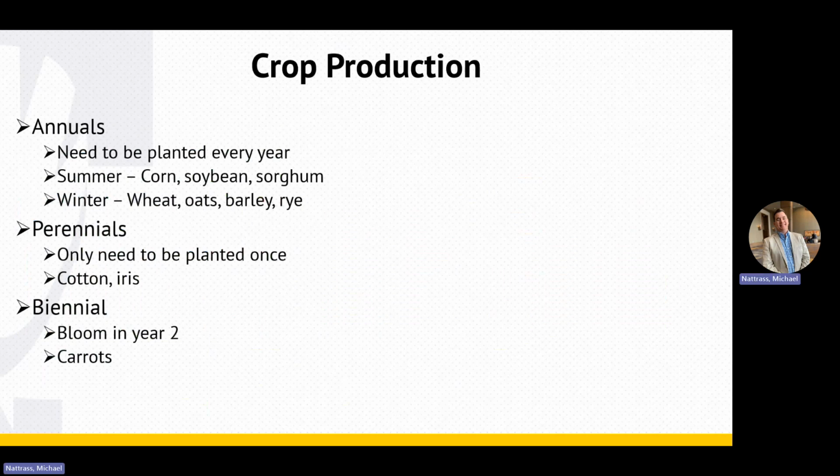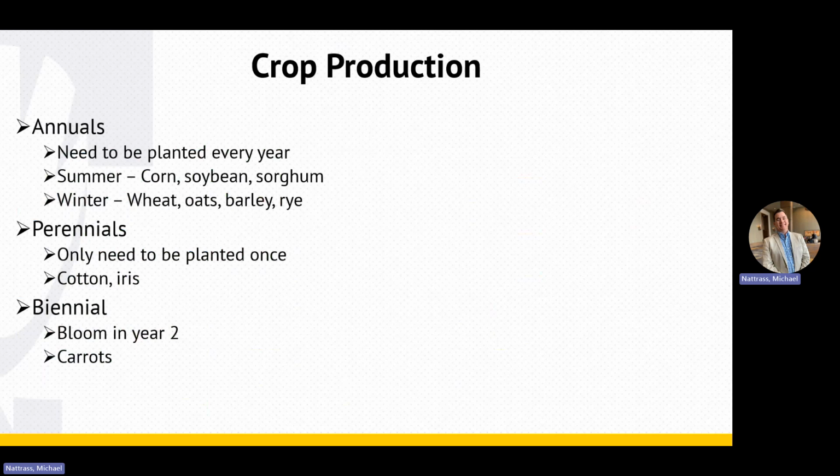We also have these three different categories, in that annuals need to be planted every year, or annually. Some of those you can see for summer and winter. Summer being corn and soybean, winter being something like wheat or oats. But our perennials only need to be planted once.